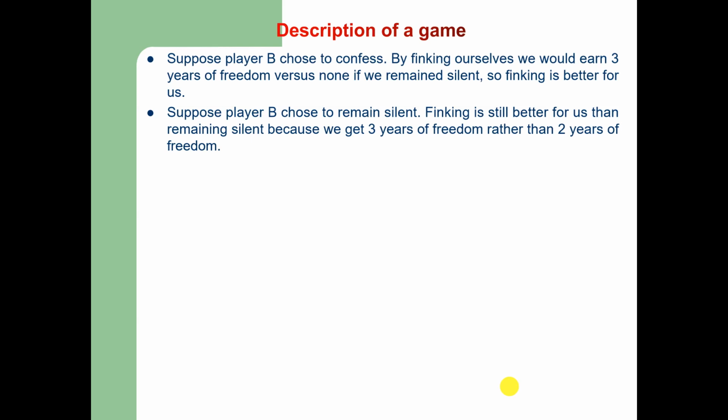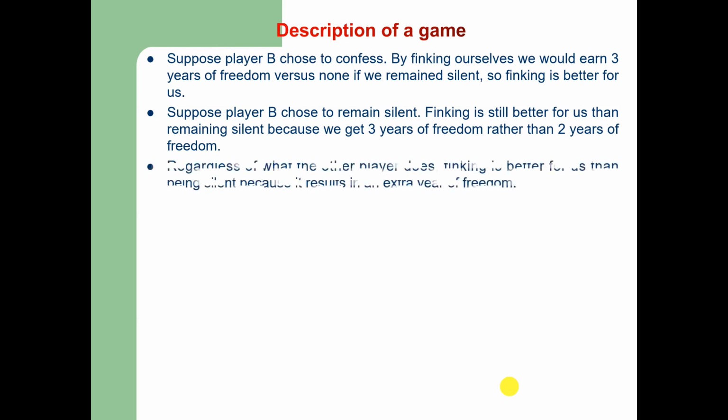So in both situations, confessing is a dominant strategy for us. Regardless of what the other player does, confessing is better for us than being silent because it results in an extra year of freedom. If we remain silent, we will get 2 years of sentence and 2 years of freedom.